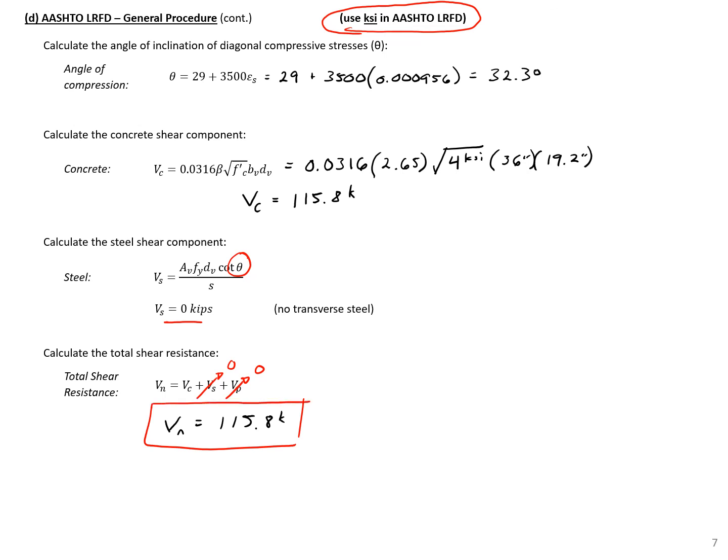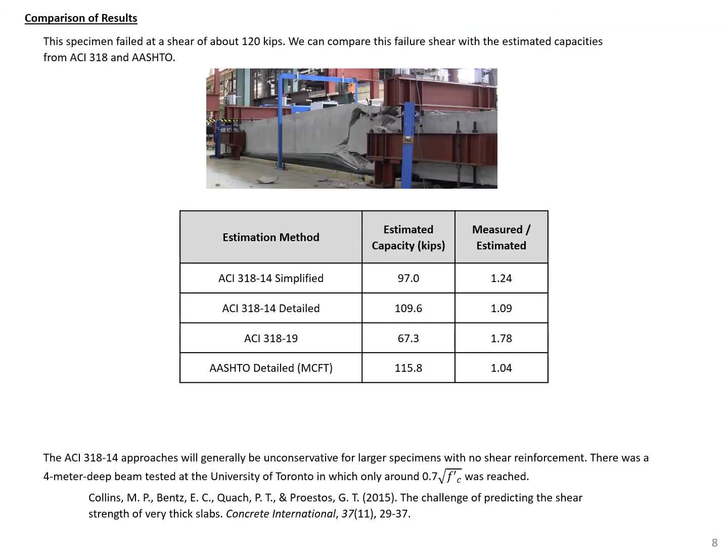So this is our V sub N value using AASHTO. This specimen failed at a shear demand of about 120 kips. So we can compare the experimental capacity of 120 kips with the calculated capacity.